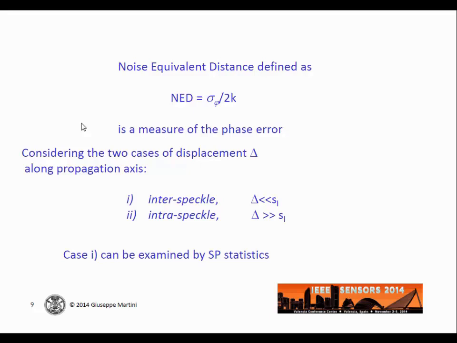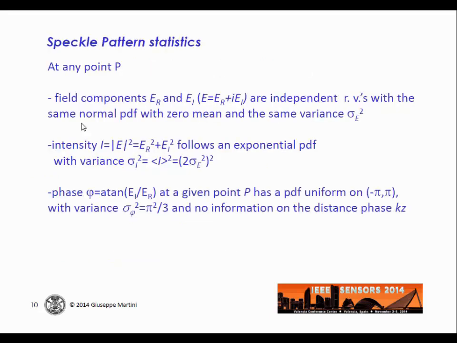Case 1 can be examined by speckle pattern statistics. The point statistics of a speckle pattern is summarized here. The field components, real part and imaginary part, are independent random variables with circular Gaussian probability density function, and we have some other distributions for intensity and phase.